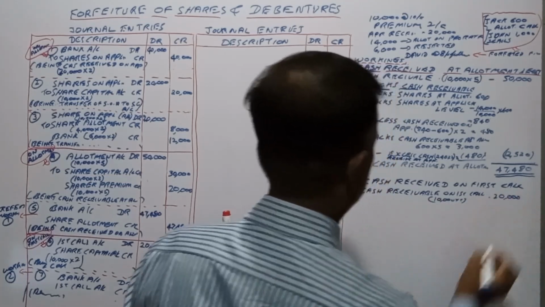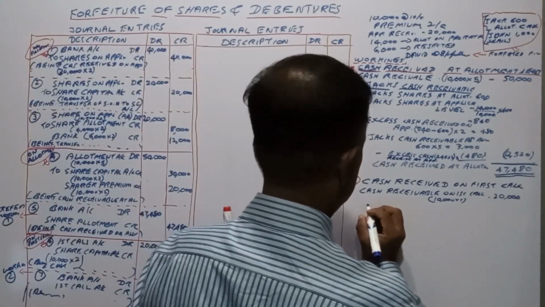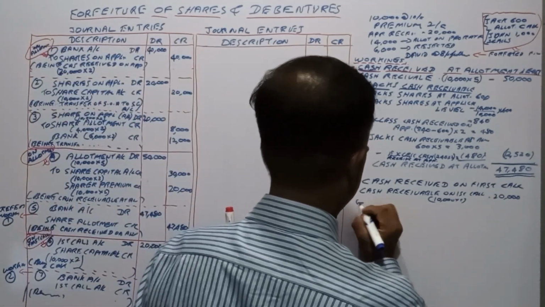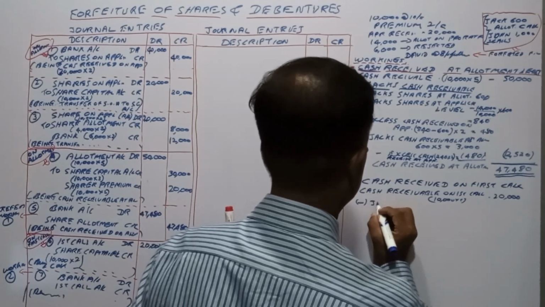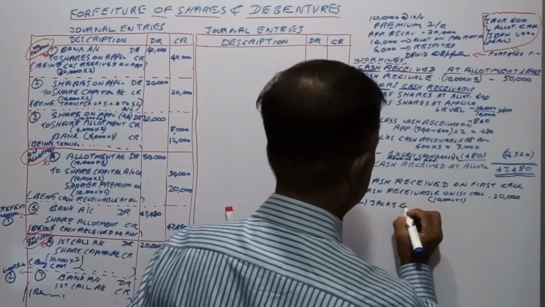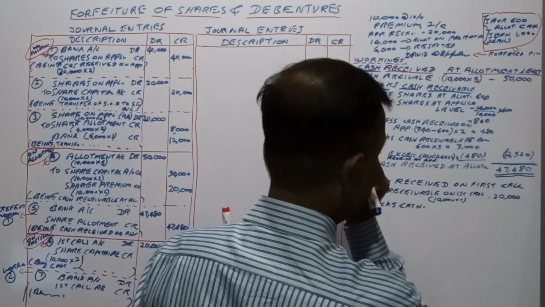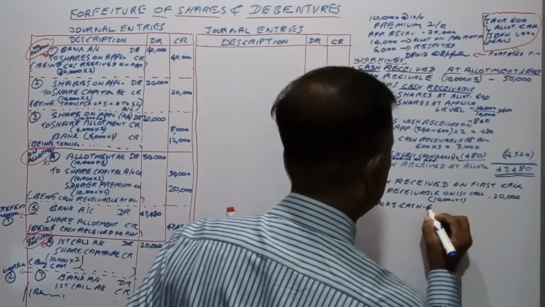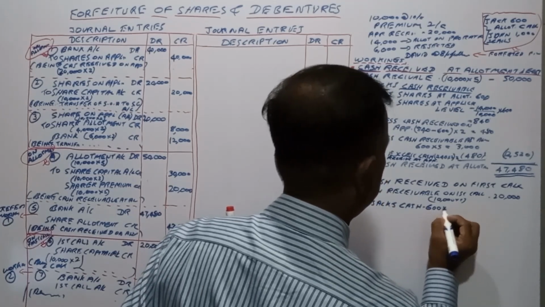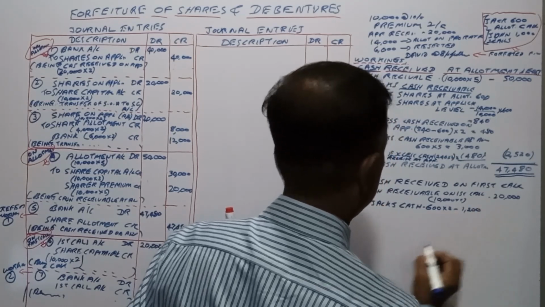20,000, right? Less Jack's cash, that is Jack is 600 shares into 2, that is 1,200, right?